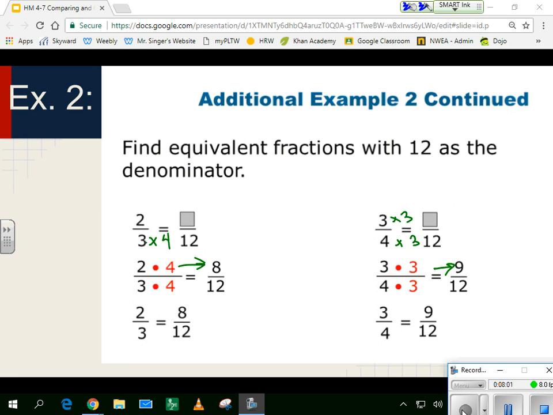The answer is no, because he needs 9/12, but he has 8/12. He's close. He's only 1/12 away, so he's going to have to go to the store or see if someone can lend him some nuts to make all those cookies, because Mr. Singer's hungry. He needs his cookies.